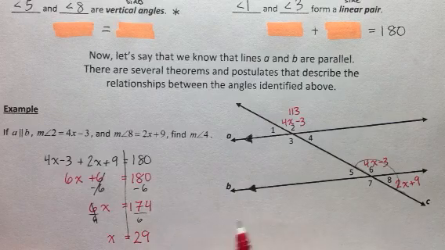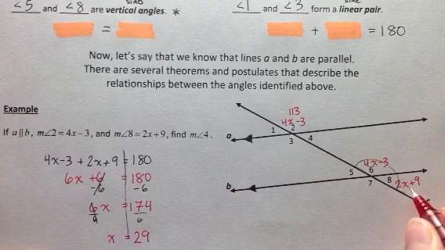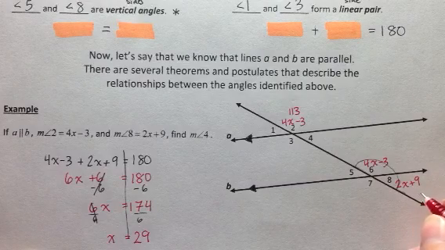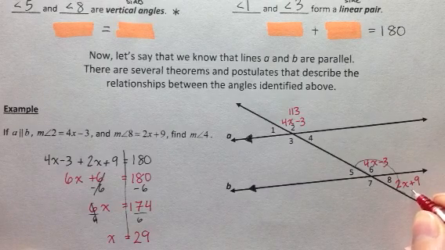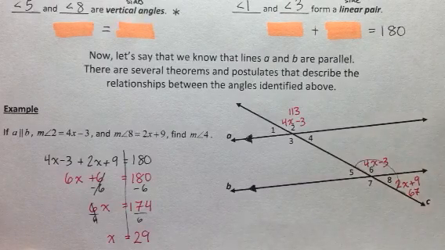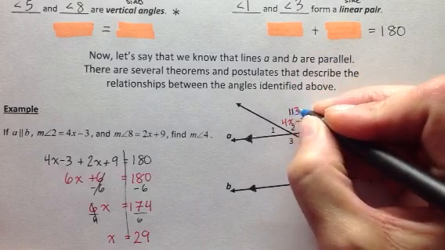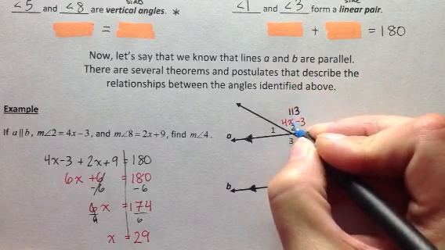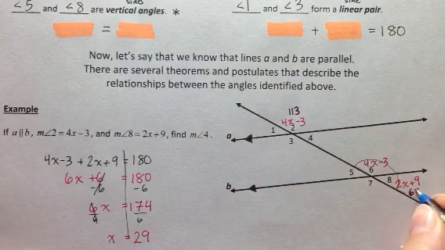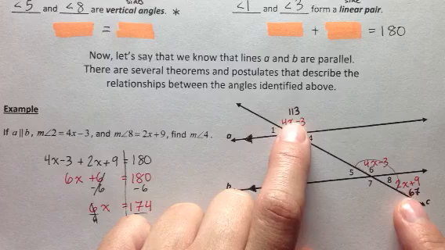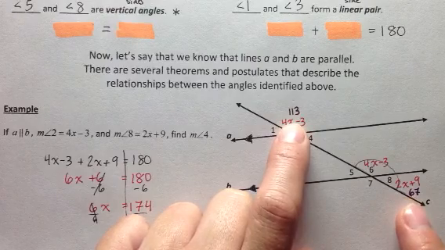And then when I put it into this other angle, 2 times 29 plus 9, that's 67. Okay, so when I substitute those into the angles, I got 113 up here for angle 2, and I got 67 down here for angle 8. Now if I add those together, I get 180, so that makes me pretty happy about that.